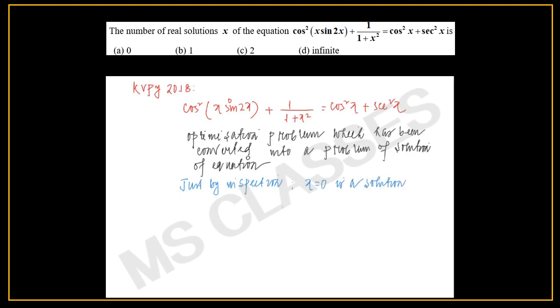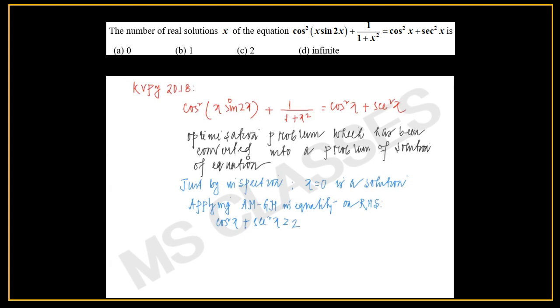Now, after that, if we apply the A.M.-G.M. inequality on the RHS part, automatically we can understand that cos square x plus secant square x will be greater than or equal to 2.